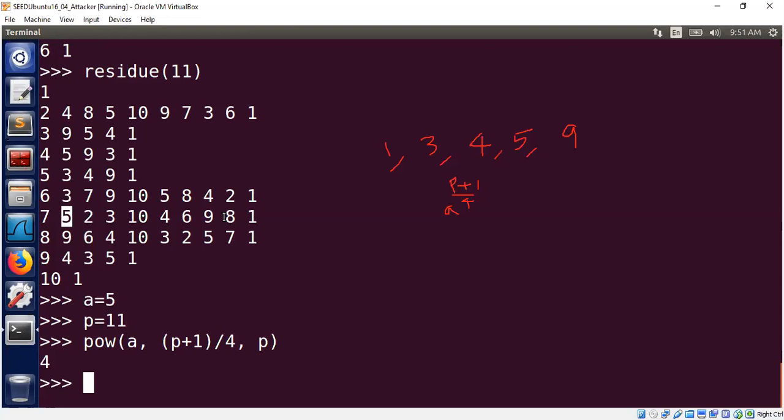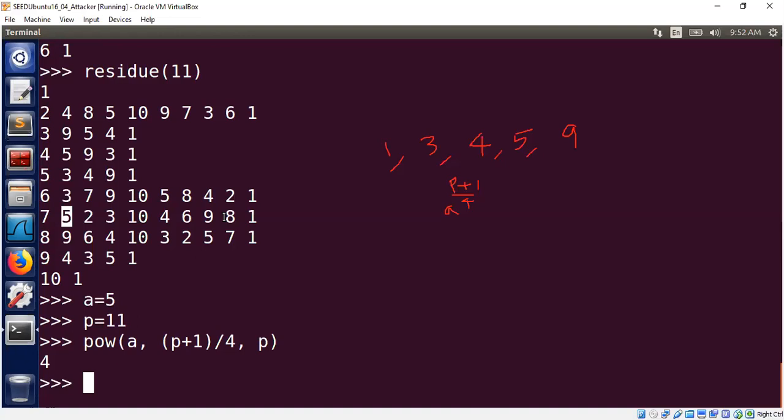So it turned out that when you are working with groups with certain structure, like p congruent to 3 mod 4, when you take a quadratic residue, for example, number 5 has 2 roots, 4 and 7, but only one of them is also a quadratic residue.